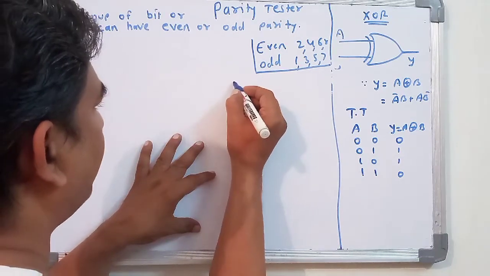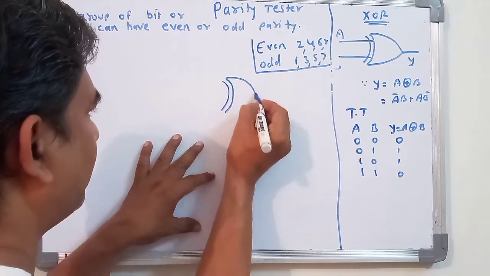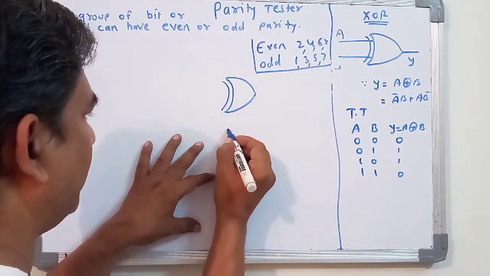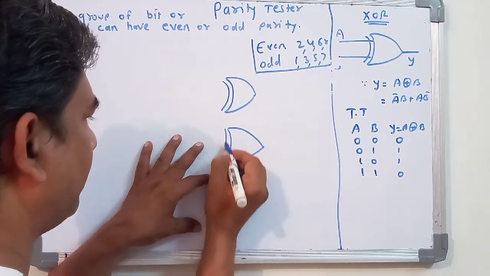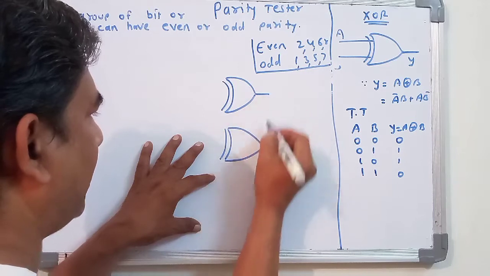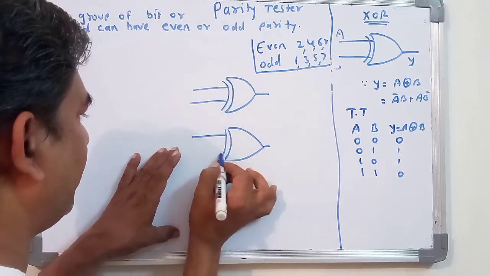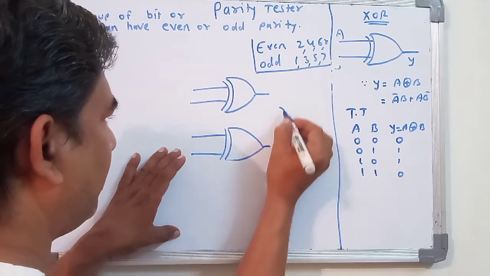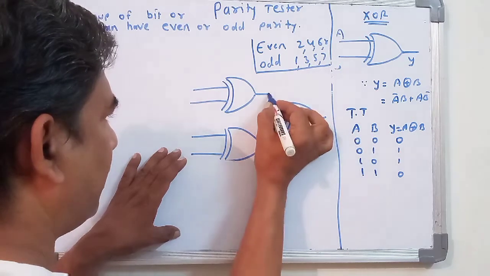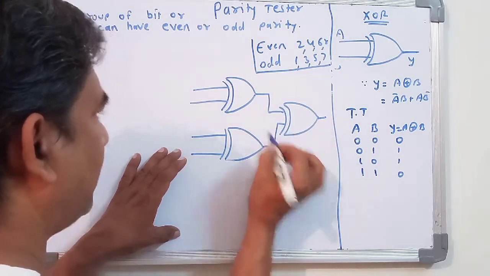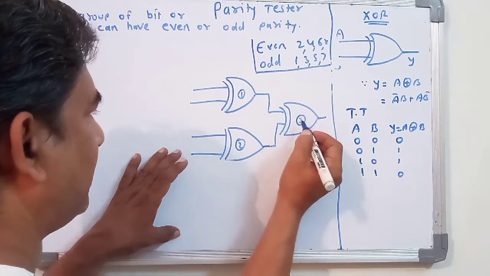You have the first XOR gate like this, you have the second XOR gate, and the output of these is connected to the next, third XOR gate. It is gate number 1, gate number 2, and gate number 3.